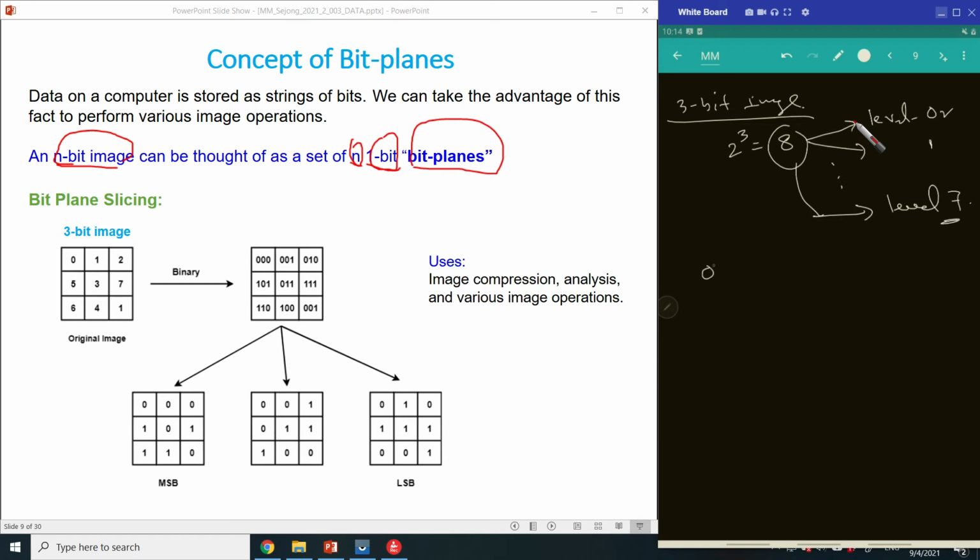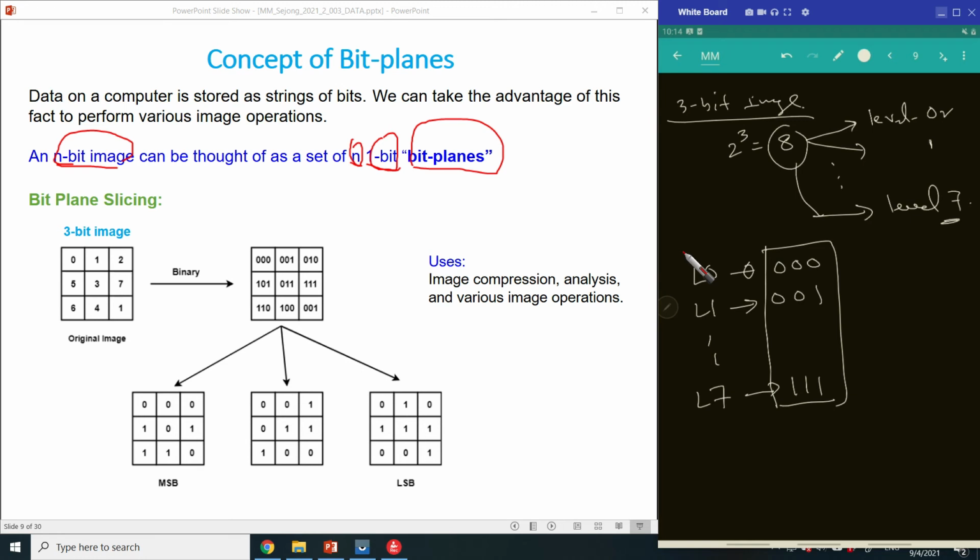So level 0 we can represent by 000, level 1 by 001, and in this way level 7 by 111, because this is a 3-bit image. So a 3-bit image means for each pixel we require 3 bits.